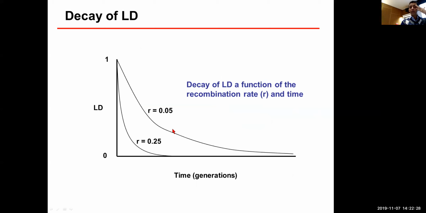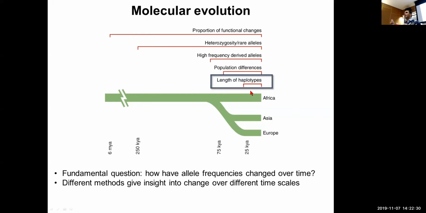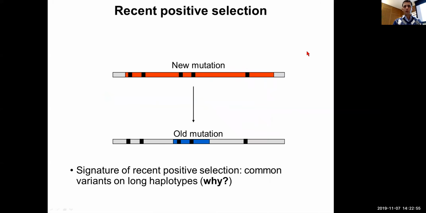Now you can ask, how old is an allele based on what haplotype it is sitting on, based on the age of that haplotype? And if you find a long haplotype with high frequency, it basically means that this was selected for. So the evidence of recent positive selection is when you have a long haplotype, which tells me that something is recent, but it has risen to high frequency.